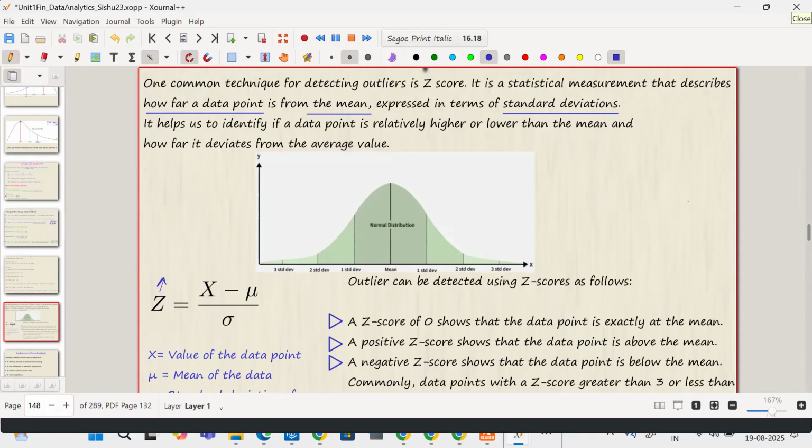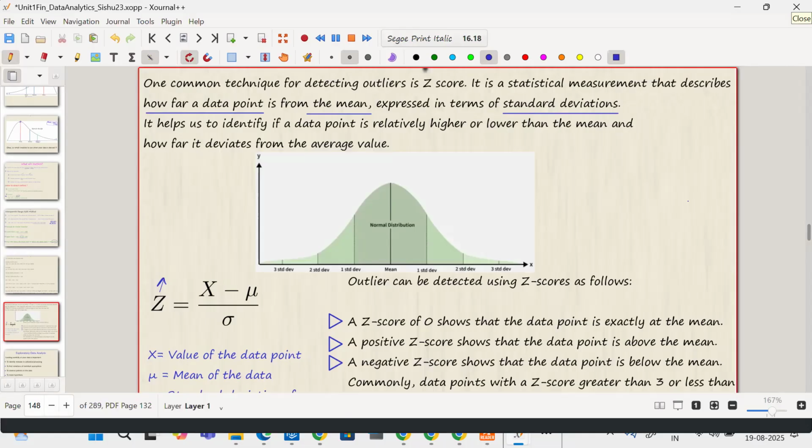But the Z score is different. Every entry point in a column will have a Z score value. For a particular column you will have one mean, but every data entry point will have a Z score.